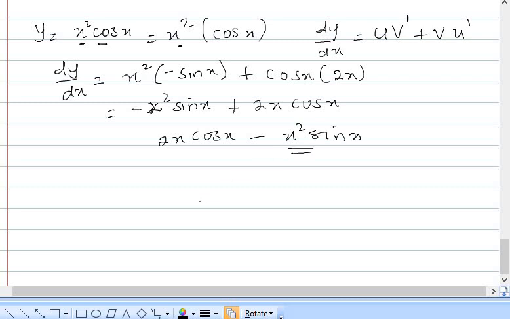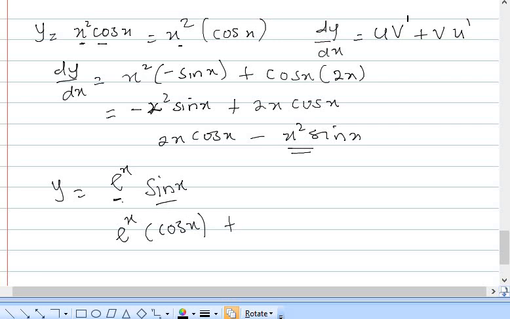So another question is y is equal to exponential x sin x. We have to differentiate this using the product rule. We leave this one to be constant, that's exponential of x, and differentiate this. The differential of sin is cos x, and then plus take the other one to be constant.